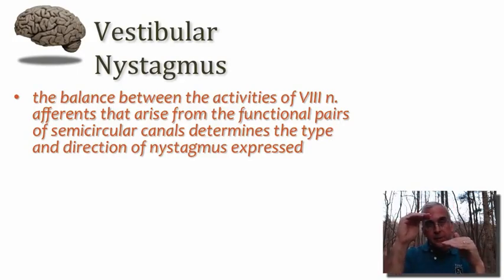So with hypofunction on the left side, we would expect the slow phase of nystagmus to go to the opposite side of the head, away from the elevated side, so to the left, towards the side of the hypofunction. And then the quick phase would reset. So hypofunction to the left means that the slow phase is towards the left, and then the quick flick back to the right.